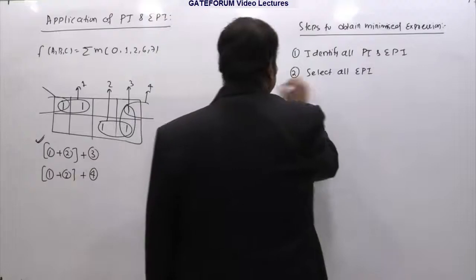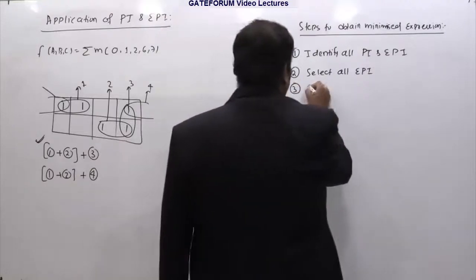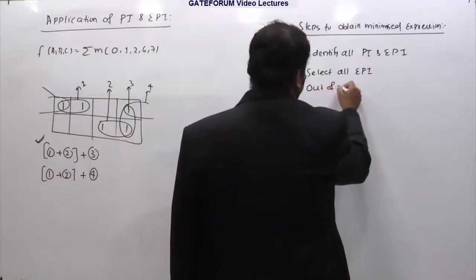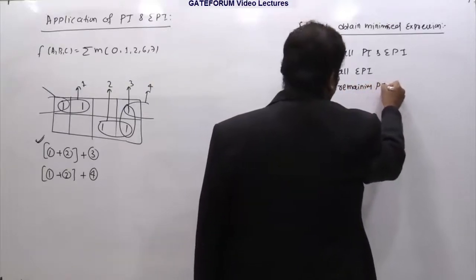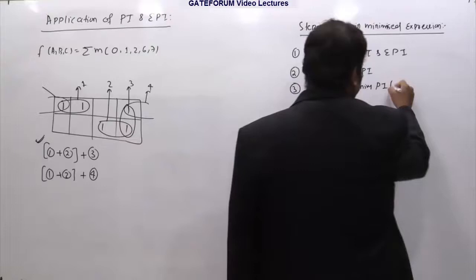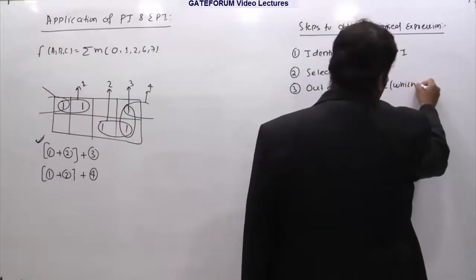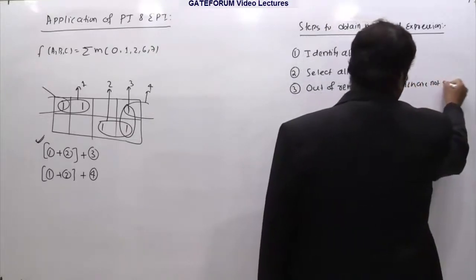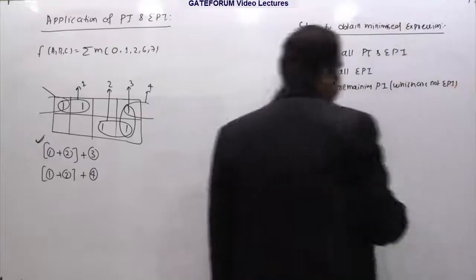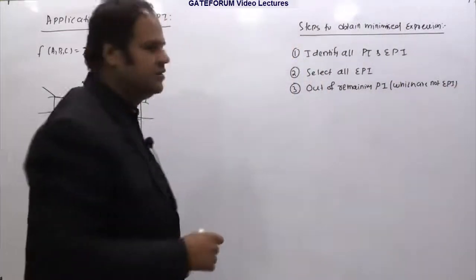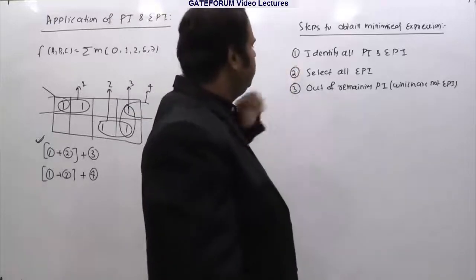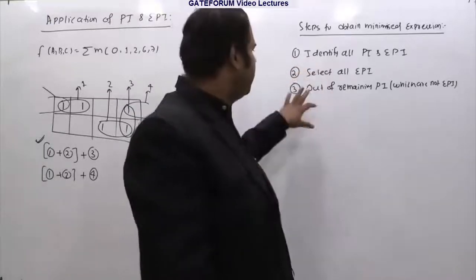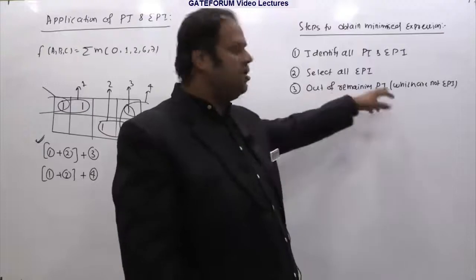And step 3 is, out of the remaining PI, which are not EPI, you have already seen the difference between PI and EPI, so a PI is not necessarily an EPI.